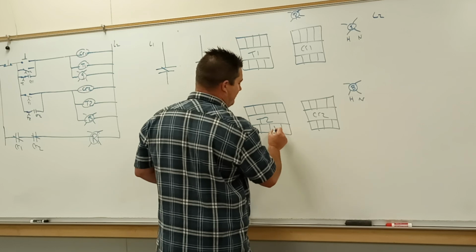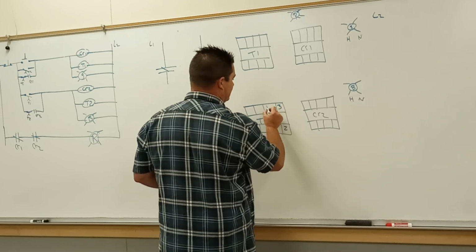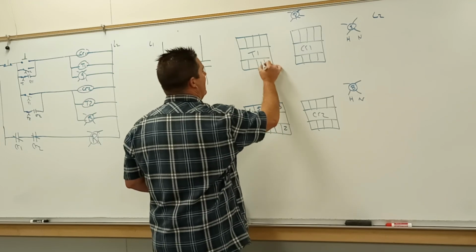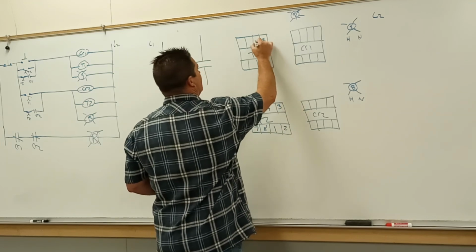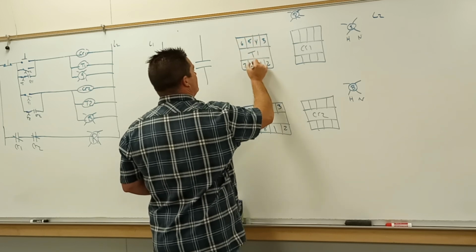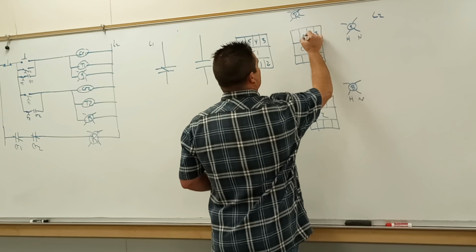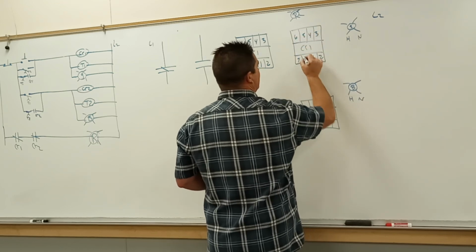A lot of them that we practice on look like this. But I've shown you how to read the schematic. So all you're doing is making sure you're going to the right spot.